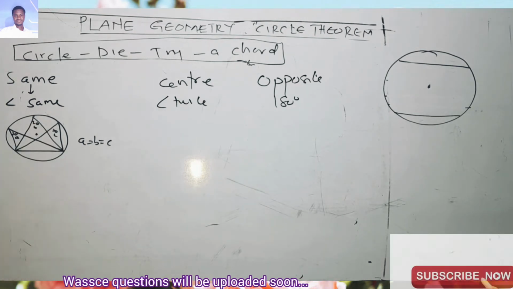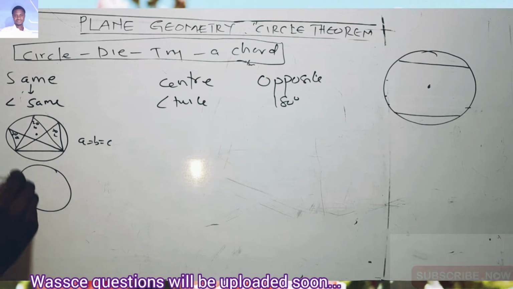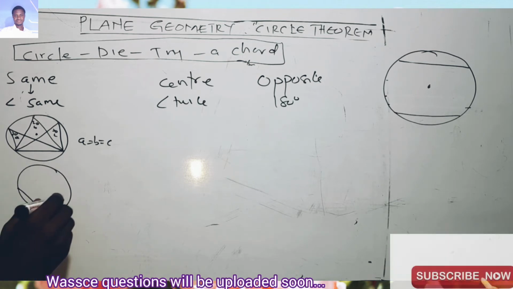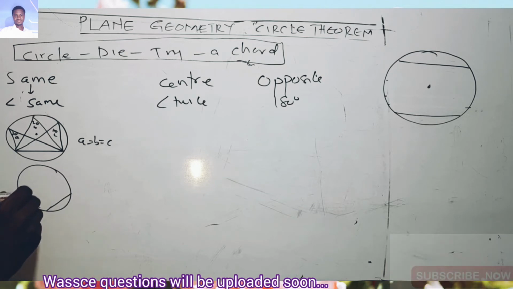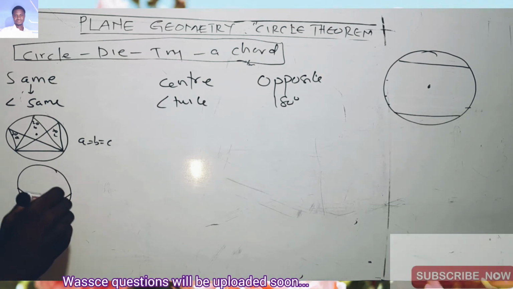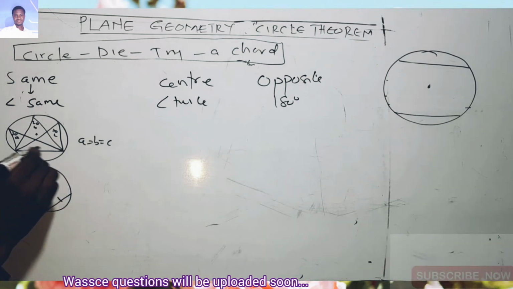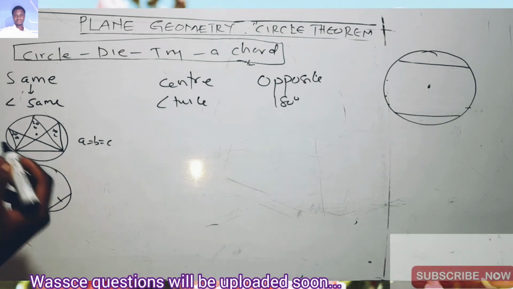Now let's say number 2, if we have the circle this way, and I do something like this, then something like this. The moment I do this indication, this line here, it means they are the same chord, similar to this one. Here we just drew one line, they are the same.